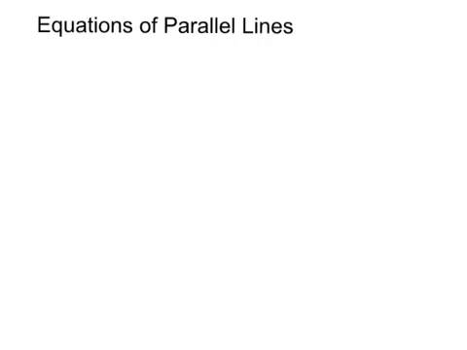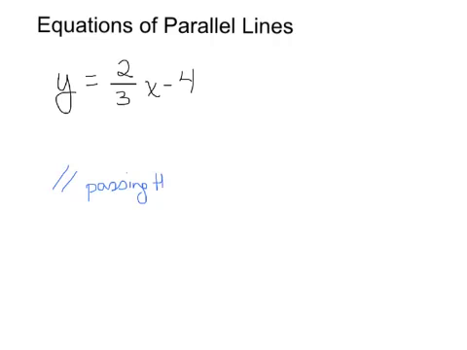Okay, equations of parallel lines. Generally, what ends up happening when we're finding the equation of a parallel line is I'm given an equation, in this case y equals 2/3 x minus 4. I am then given, usually, a point, and I want to find a line that's parallel, passing through that point.